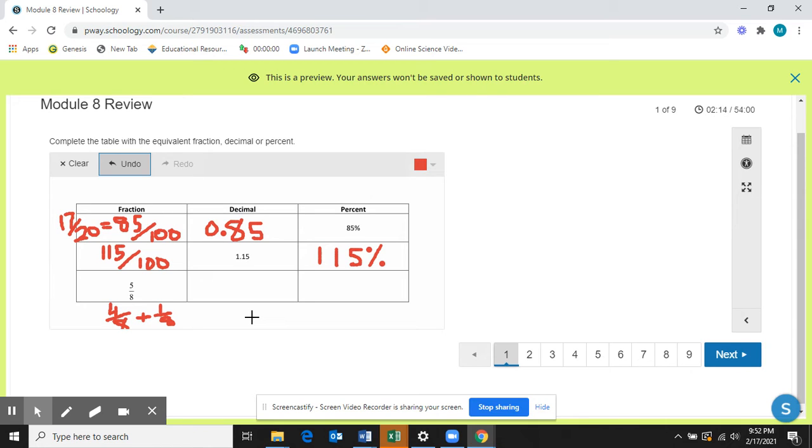Half of 25 is 12.5. So 50 plus 12.5 is 62.5%. And then as a decimal, get rid of the percent, move it twice to the left, and it becomes 0.625.